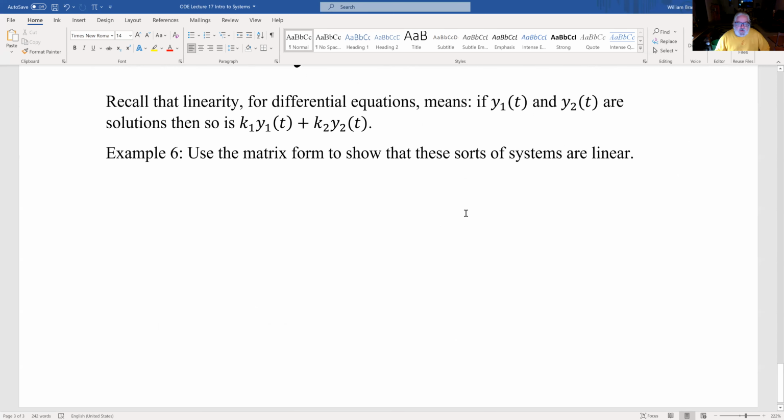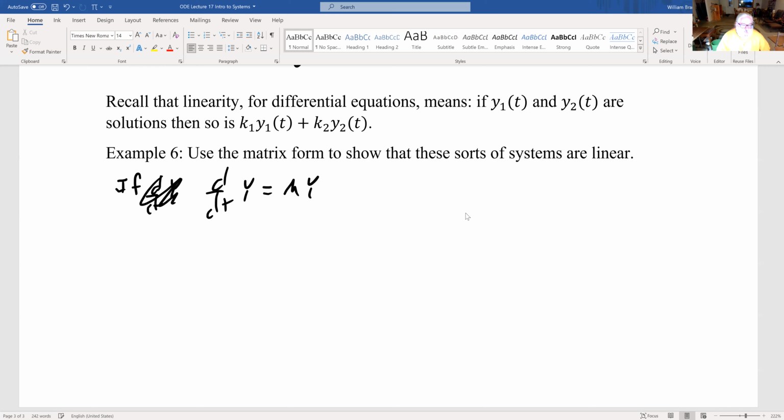Okay, so linearity means if y1 and y2 are solutions, so is k1 y1 plus k2 y2. So if we have d by dt of my vector Y equals M times Y as our system, suppose y1, y2 are solutions.